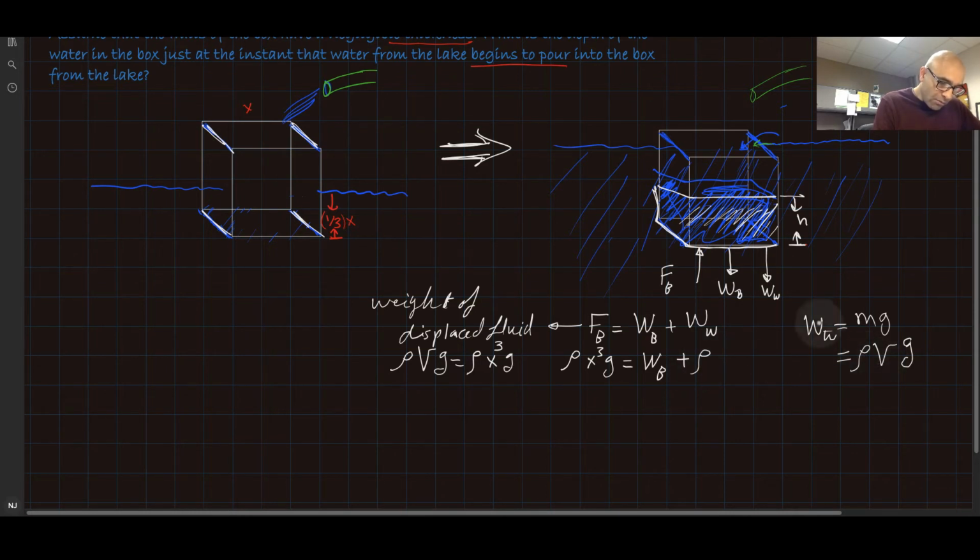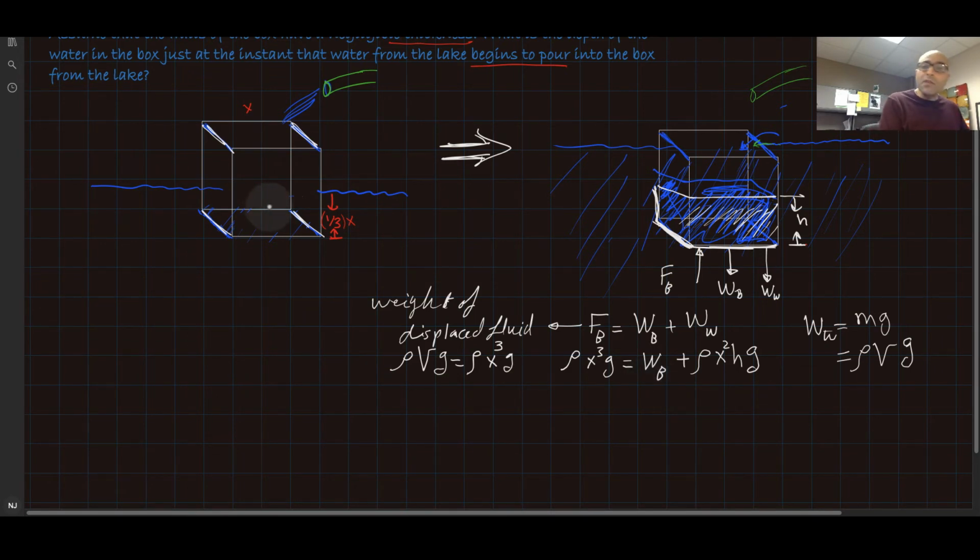The volume is x on this side, x here, and h, so x times x, which is x squared, times h. That's the volume of the water inside the box when it starts to be totally submerged, times g. Everything here is now known, but we still need the weight of the box.